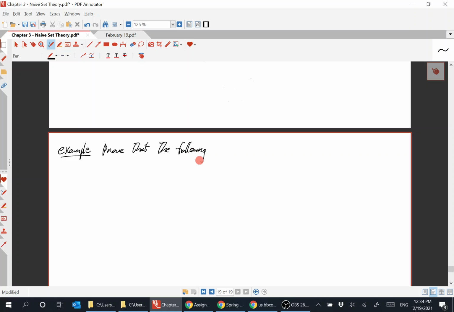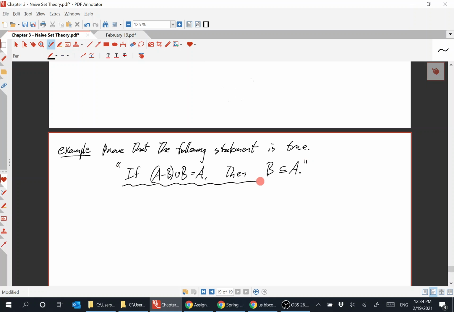Maybe we'll do it all three ways. If A minus B union B is equal to A, then B is a subset of A, period. So we want to prove that this statement is true. Let's do two different types of proof.